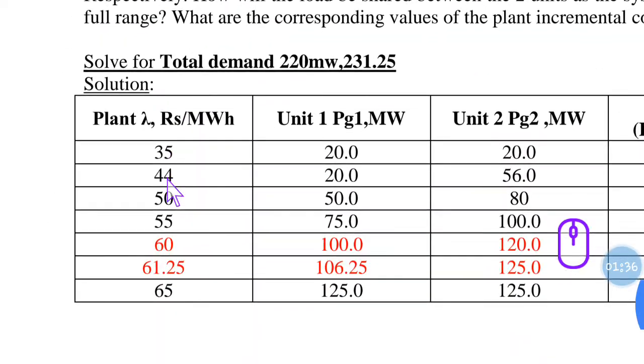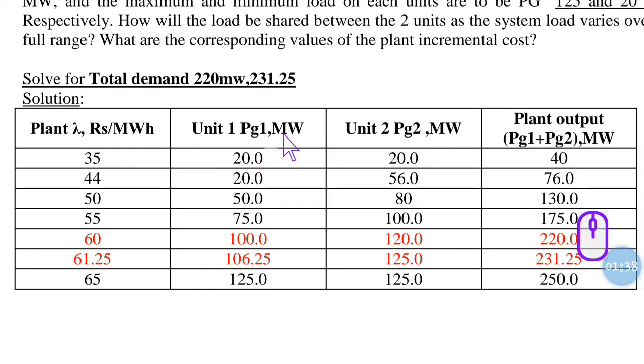What does this mean? In the table of two plants, each plant varies between 20 and 125 megawatt, and the total demand PD varies between 40 and 250 megawatt. Now all the initial data is given, and the initial lambda is 35. In a problem I may give 35 directly, or if I don't give the initial lambda, you have to calculate it.